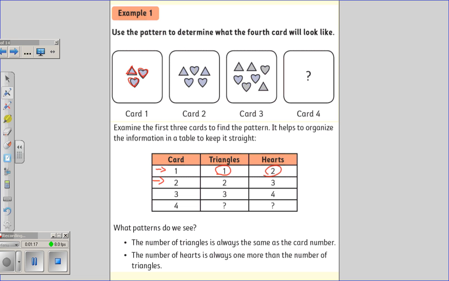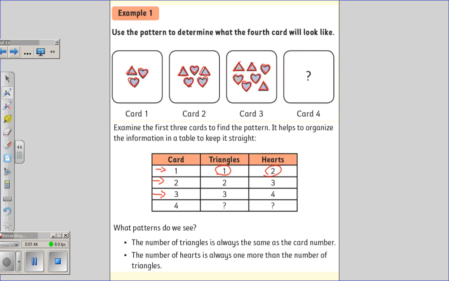Card 2 has 2 triangles and 3 hearts. Card 3. Card 3 has 3 triangles and 4 hearts. Using this information, we can start to see a pattern emerging.